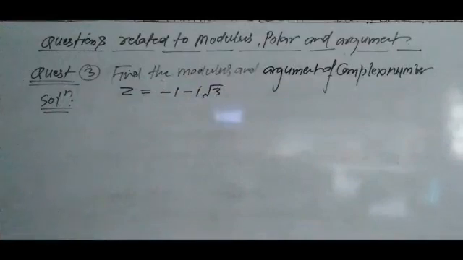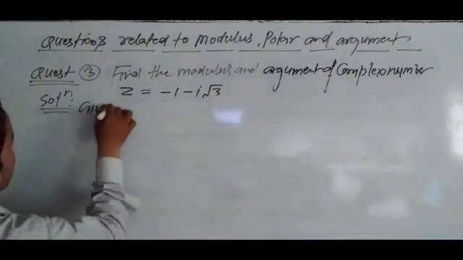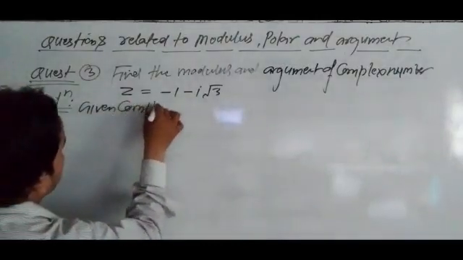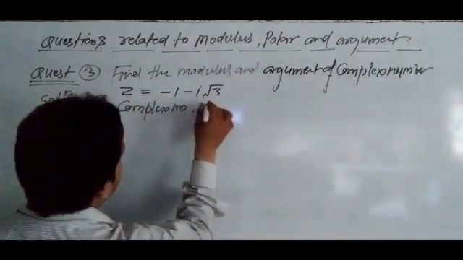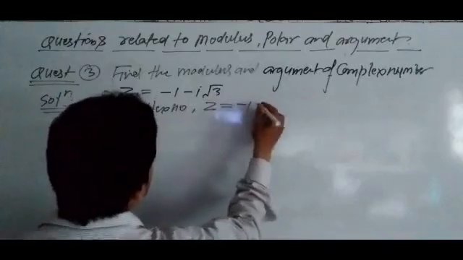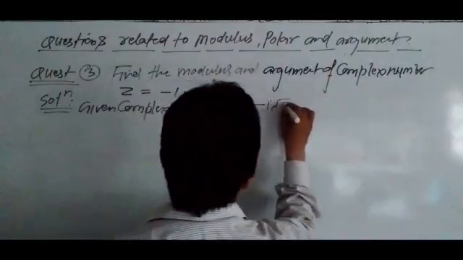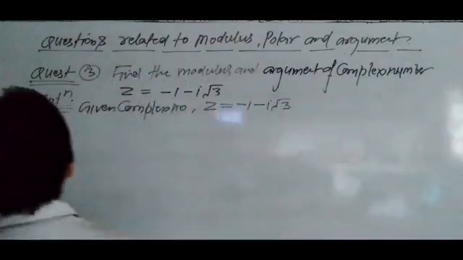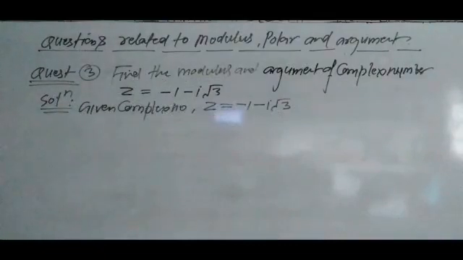This is the complex number. Now, solution. Given complex number z is equal to minus 1 minus I times root 3.